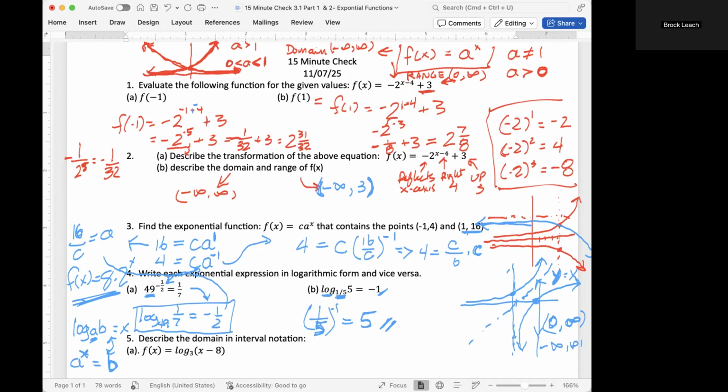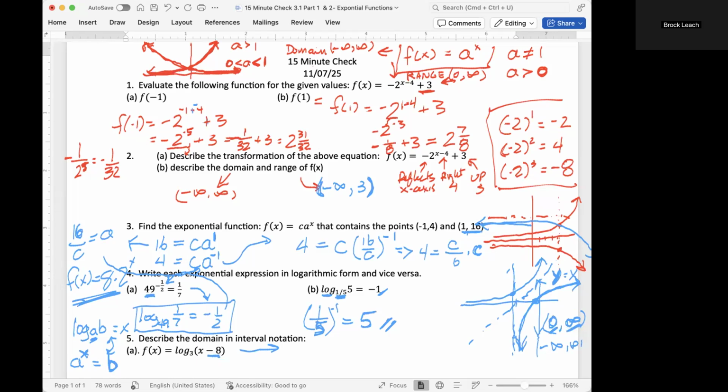All right, let's describe the domain if we have shifted this. Very good, thank you. Well, we know that the domain will change. If this is my original, we're going from 0 to infinity. Here we're subtracting 8 from x.